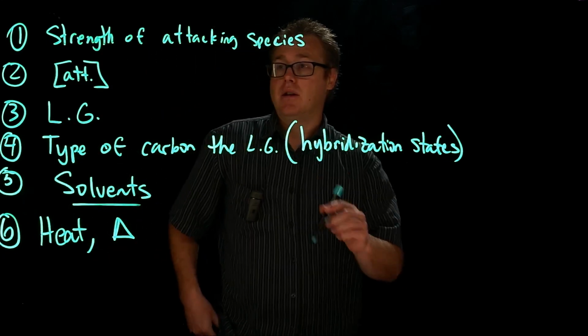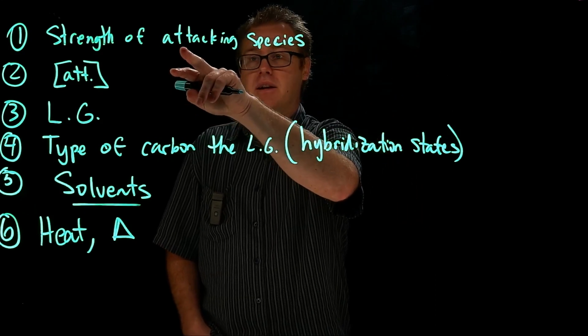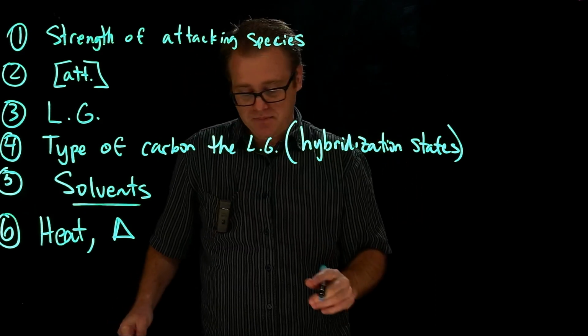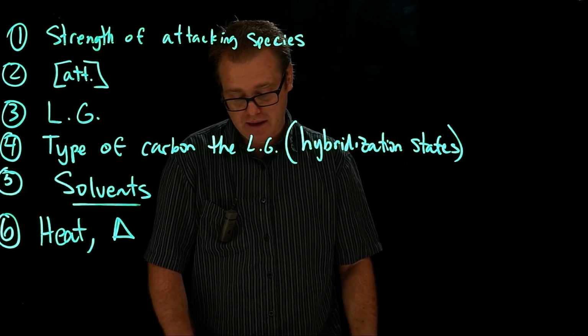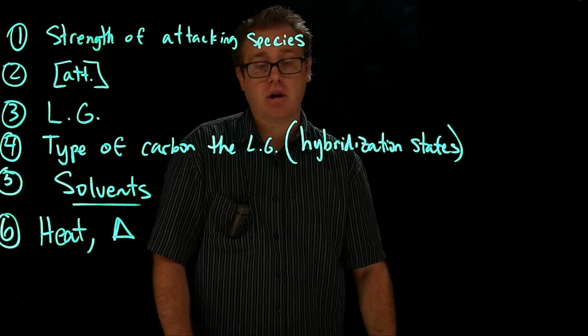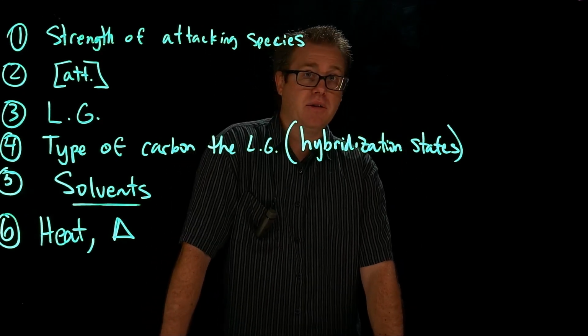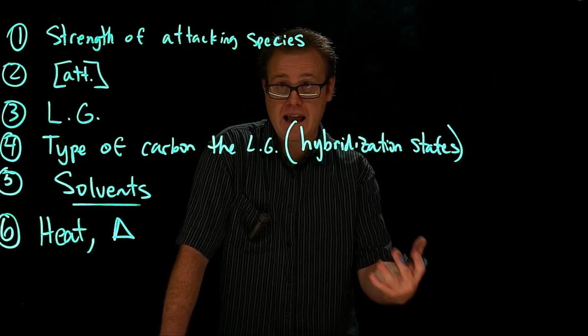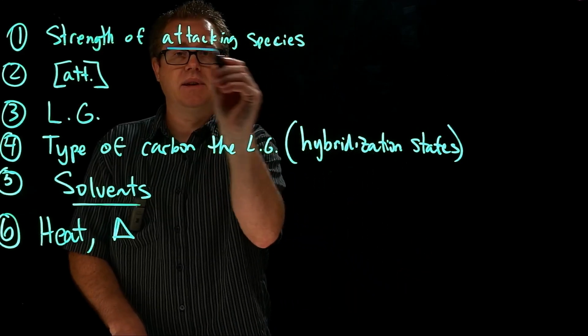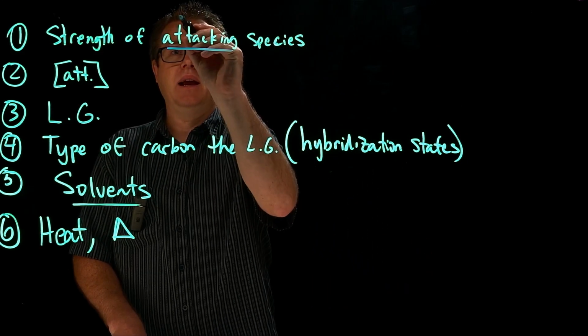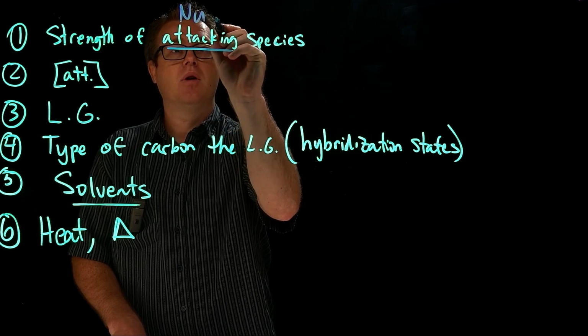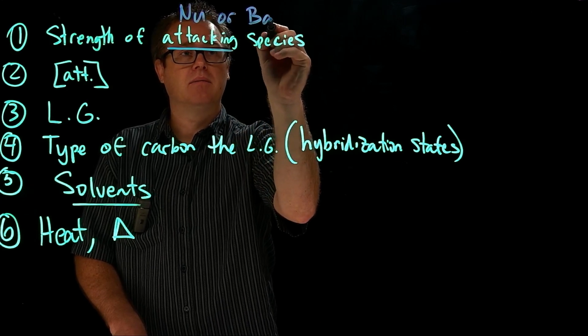So for the first factor here, the strength of the attacking species, here is a bullet point that you want to write down. Stronger the nucleophile, which is the attacking species. So attacking species are what? They could be nucleophiles or they can be bases.